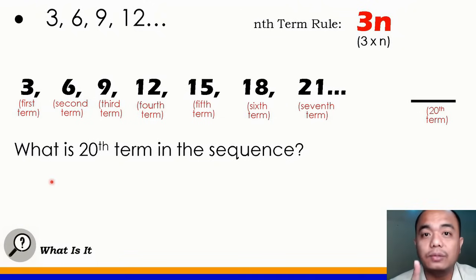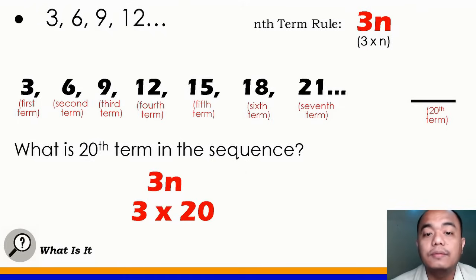The easiest way to do that and the fastest way to do that is to use this n term that we formulated. So again, that's 3n. Substitute 20 for n because 20 is the 20th term that we are looking for in our sequence. So 3 times 20.